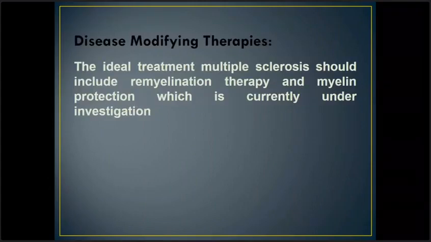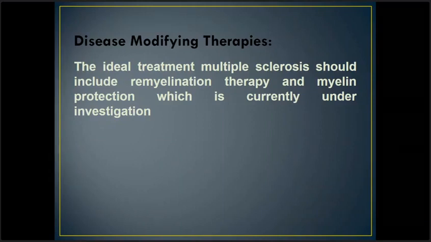Disease-modifying therapy. The long-term treatment for multiple sclerosis patients. The ideal treatment for multiple sclerosis should include remyelination. The disease is demyelination, so we should trigger remyelination, and we should have myelin protection.